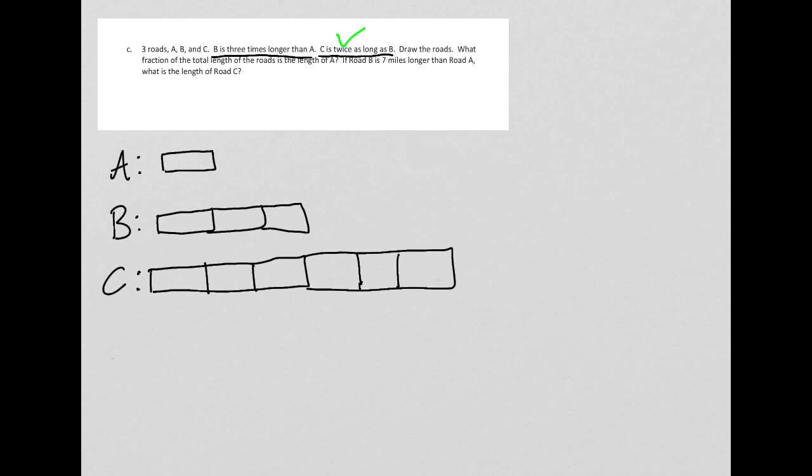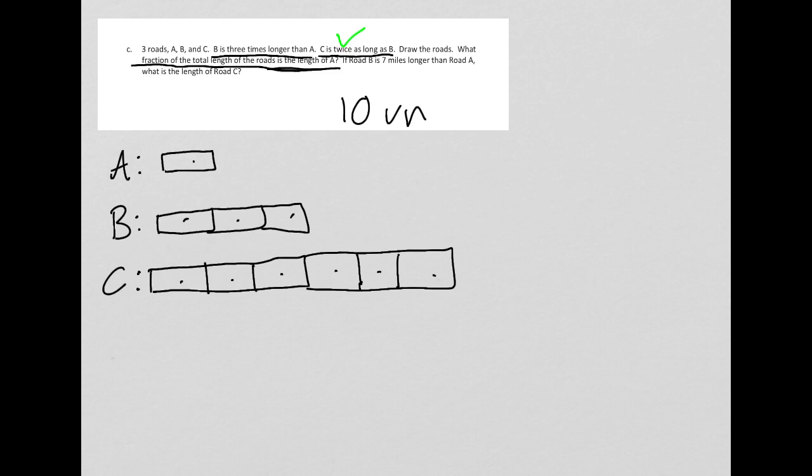Next question. What fraction of the total length of the roads is the length of A? So what's the fractional length of A? Well, it's not 1/3. I know I have 3 roads, but they're not equal length. So I can't say A is 1/3. It's smaller than 1/3. But I need to figure out how many total pieces I have. And I have 1, 2, 3, 4, 5, 6, 7, 8, 9, 10.